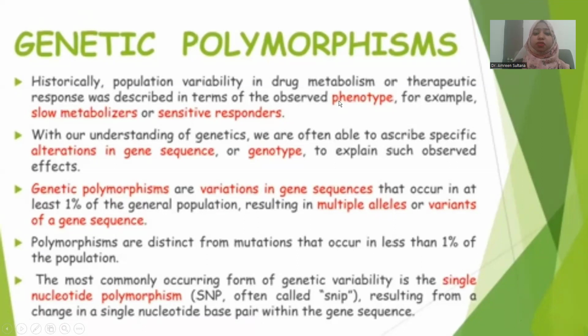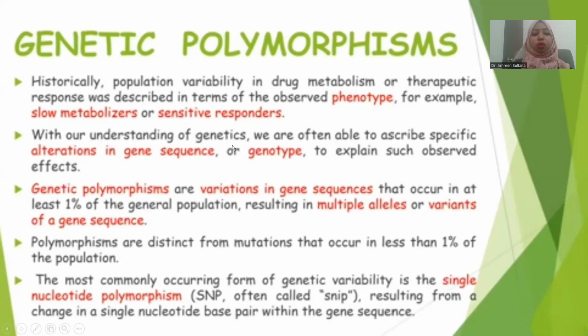Sensitive responders are the group of people who respond to higher doses of the drug. That condition is known as sensitive responders. Slow metabolizers are quite opposite to sensitive responders. Okay.